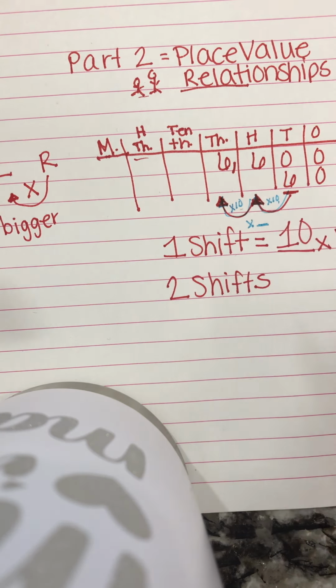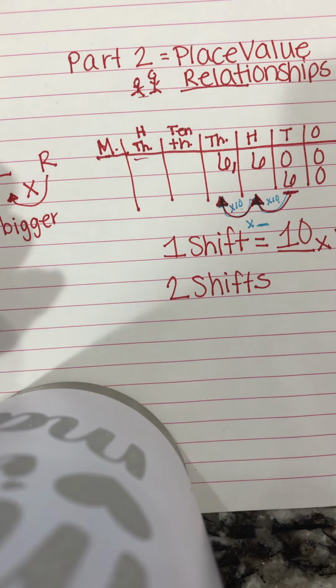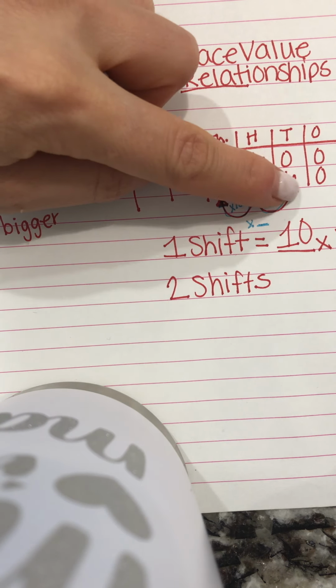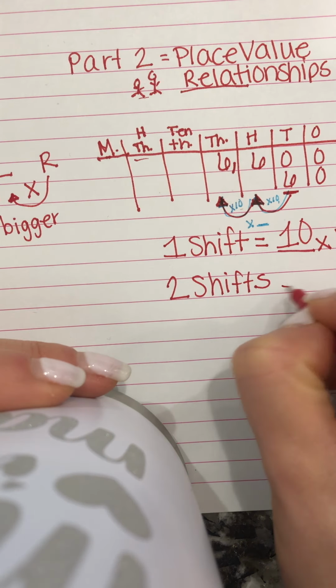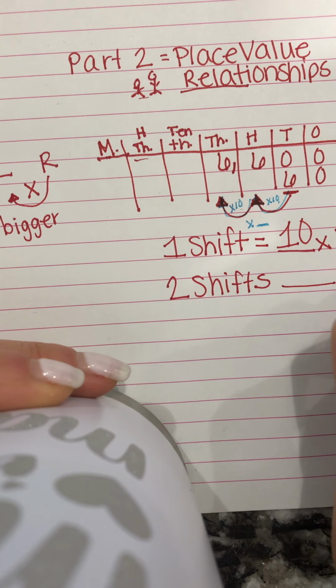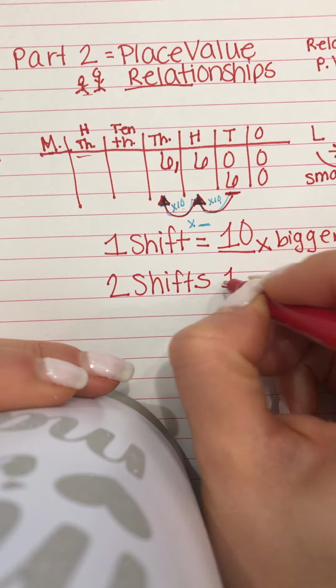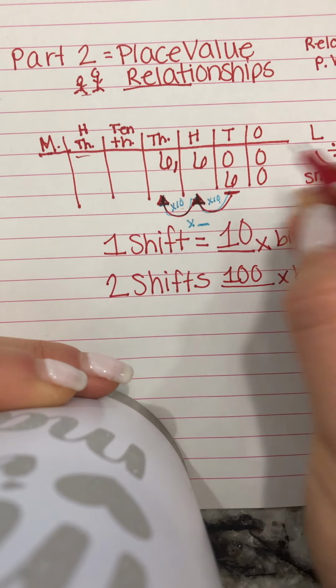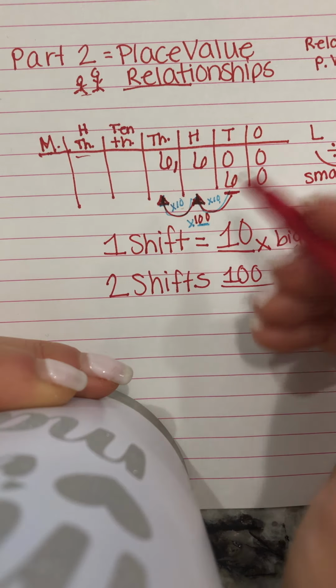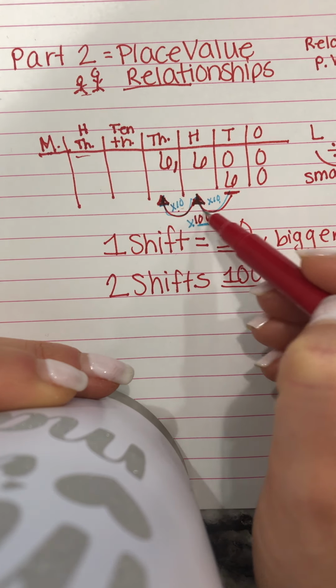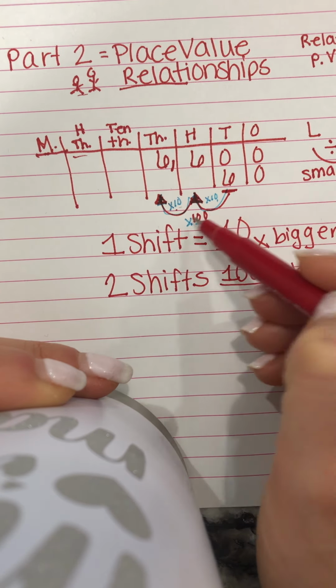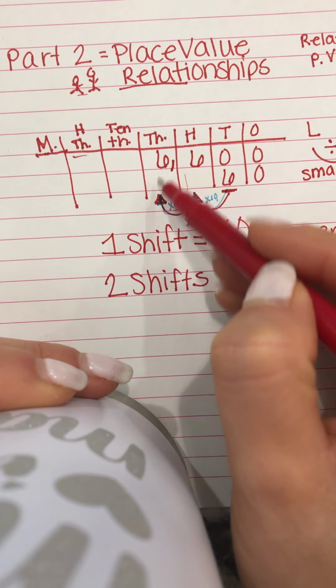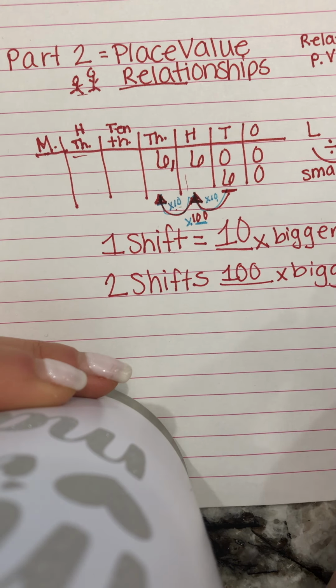Times 10 times 10. Let's think about the relationship between 6,000 and 60. Who remembers? 2 shifts, 100 times bigger. It's not 20. We're not doing 10 plus 10. It's 10 times 10. 2 shifts is times 100.